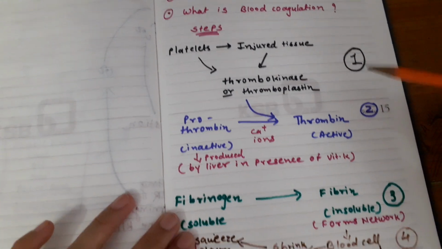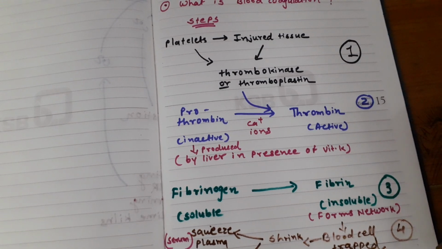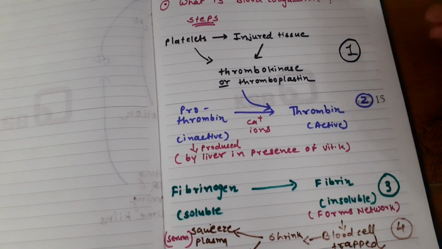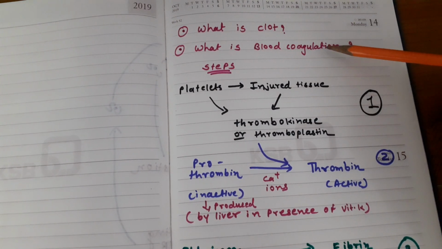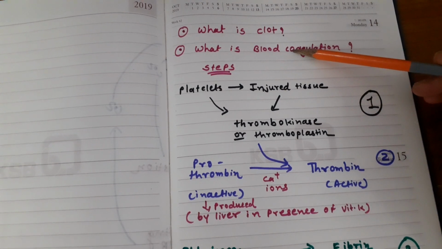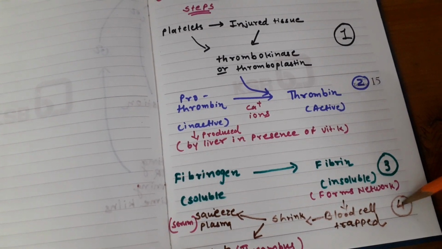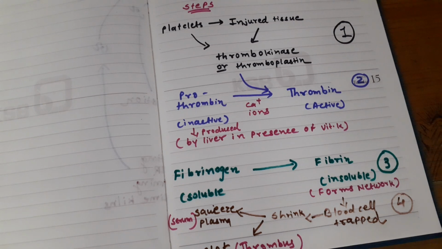You can see here there are 4 steps. As it is a 4-mark question, as an introduction you should write what you mean by clot and what blood coagulation is. Start your answer with this. Afterward you write the steps. There are 4 steps in blood coagulation. We will see them one by one.